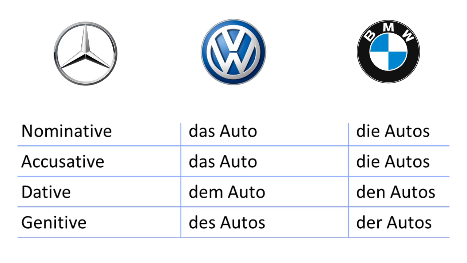And here again is an example of German, going back to our word for car in German, Auto, and what you'll see are 3 different symbols for 3 different German car manufacturers, Mercedes-Benz, Volkswagen, and Bavarian Motor Works, or BMW. But you also see on the far left the 4 different cases, or case categories, as I've described them already.